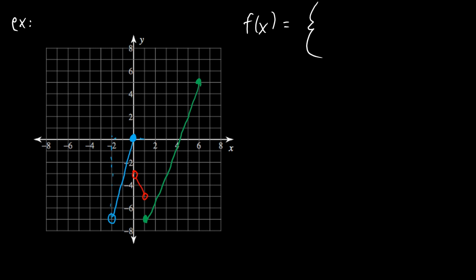What's our m value? So we go up 7 and we go over 2. So our blue line is just going to be 7 over 2x plus 0. We can just try to keep organized in that way. So we're going to have -2 and open circle. So it's going to be less than x and less than or equal to 0.